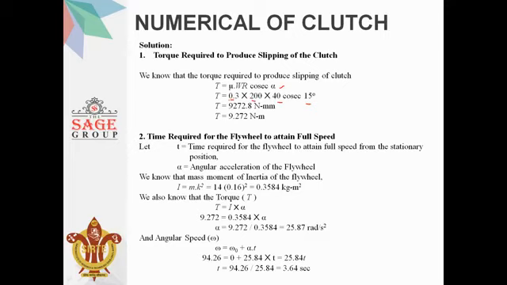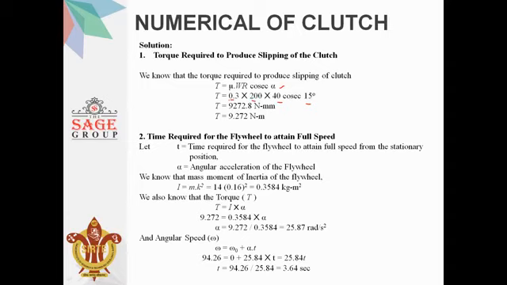So the angular acceleration of the flywheel alpha will be equal to 9.272 upon 0.3584. That means 25.87 radian per second square. And the angular speed omega is equal to omega 0 plus alpha t.